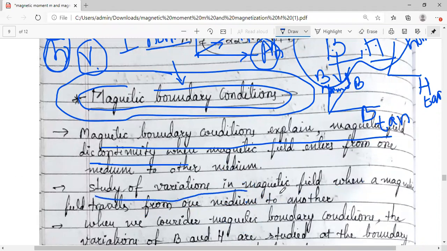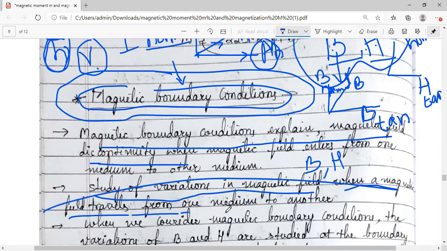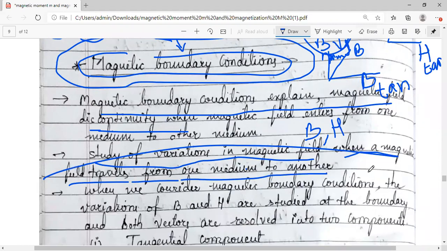The study of these variations in the field, we talk about both B and H, when the magnetic field travels from one medium to another medium. Obviously, when I talk about some magnet, fields will be there somewhere else. When current flows in a conductor, the fields encircle the conductor circularly. Similarly, in terms of magnetization, an object, be it wood, copper, iron, anything, will acquire the properties of a magnet.